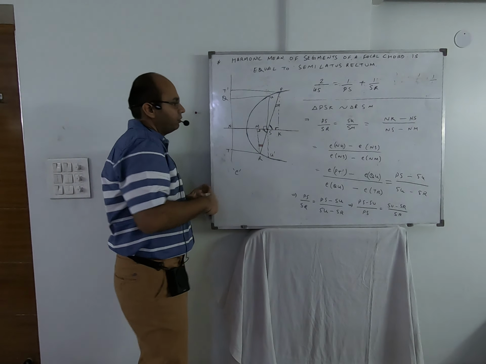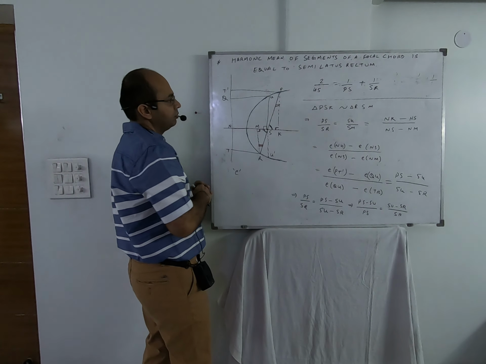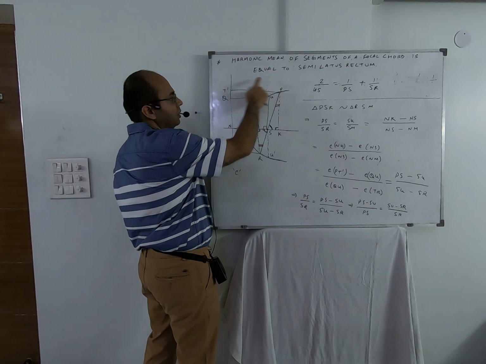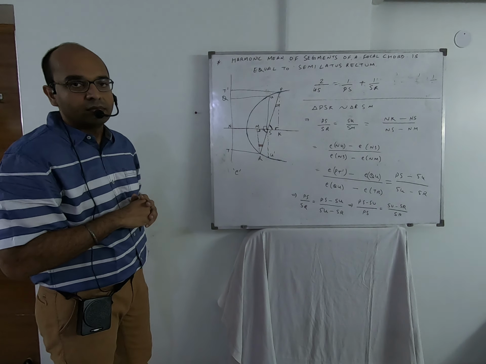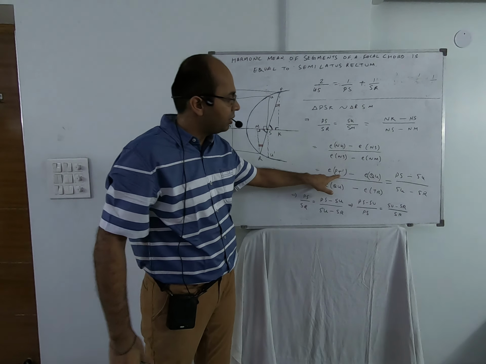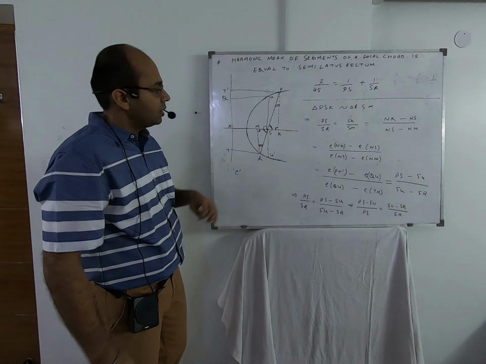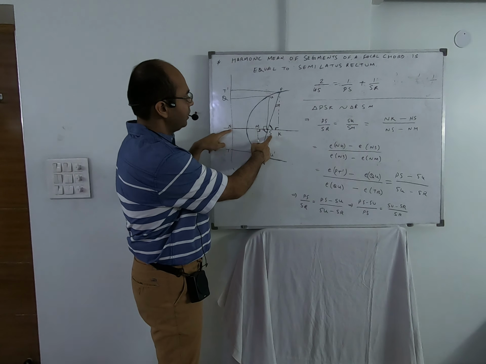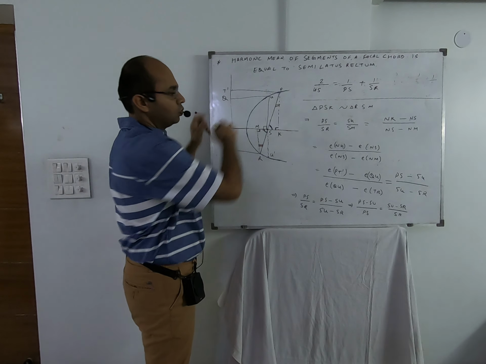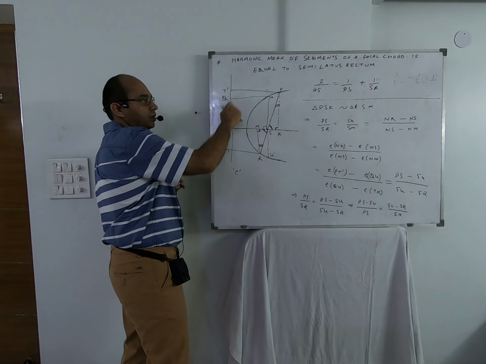Now coming back to our figure, I can see the length NK is the same as PT dash. So I replace NK by PT dash. Second, I can see the length NS is the same as QU, because this is a rectangle with 90 degrees.